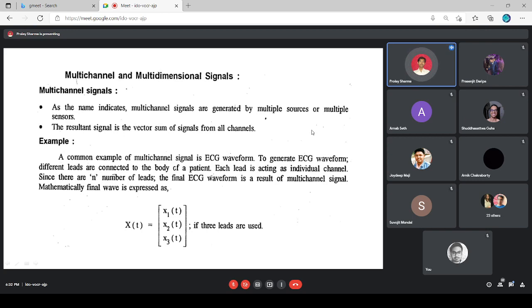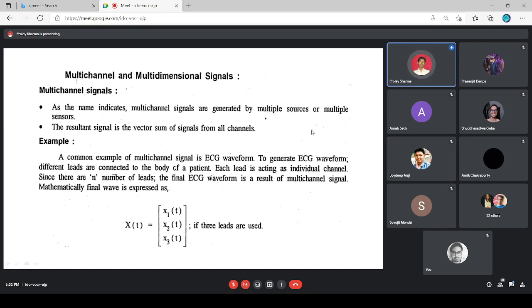Now, multi-channel signal and multi-dimensional signal. Multi-channel signal means the signal is generated by multiple sources or multiple sensors. Suppose in the case of ECG, we know there are a number of sensor nodes, leads, sometimes 9, sometimes 12.